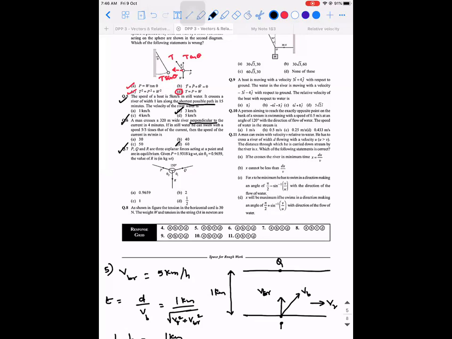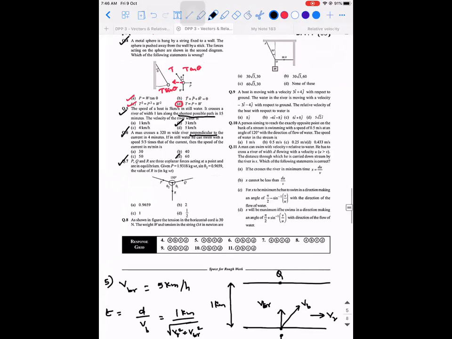So what kind of forces are these? I already told you it is similar to the fourth problem. All the three forces are acting at the same point. So what kind of forces are they? They are concurrent forces, right?